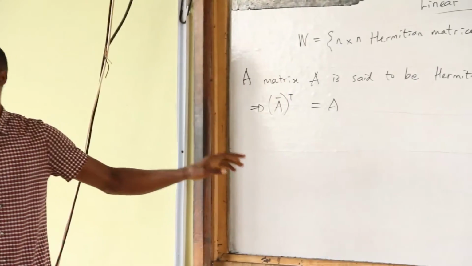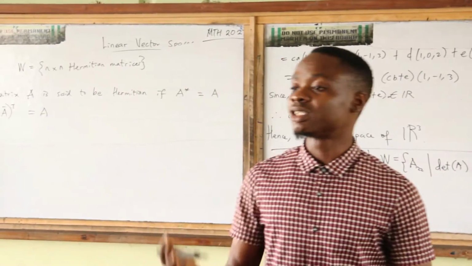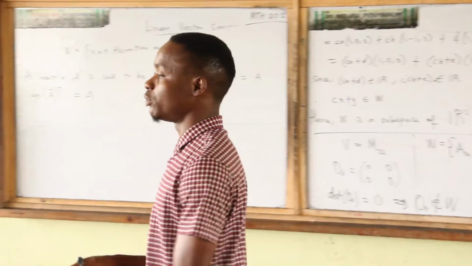So when the matrix satisfies this condition, we say it is Hermitian. For this kind of problem, the only thing you need is a counterexample. When you get one counterexample, that's all.